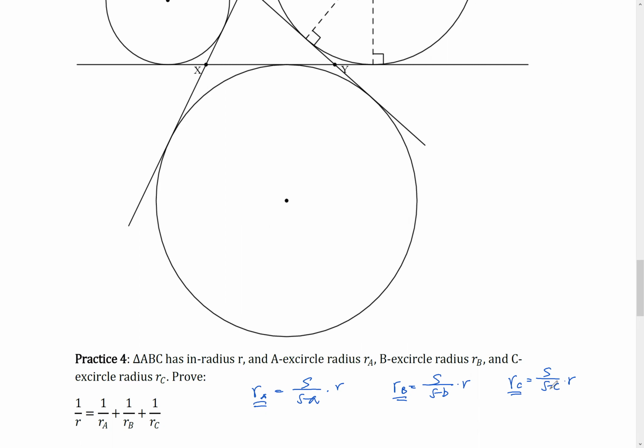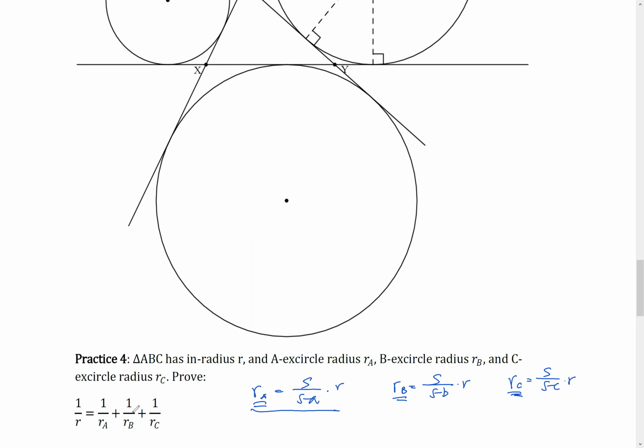And if you just use that, we have figured out that there are three excircles, and we could quickly identify the size of these three circles. We know the radius. If you just put that in there, you can verify that this is true, right? Quickly, you can see that.